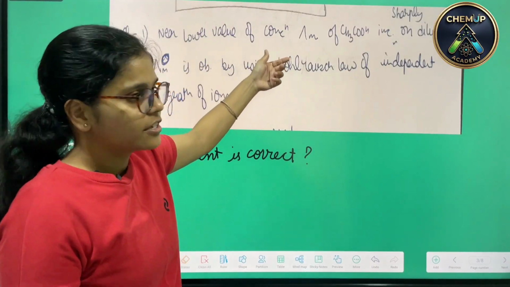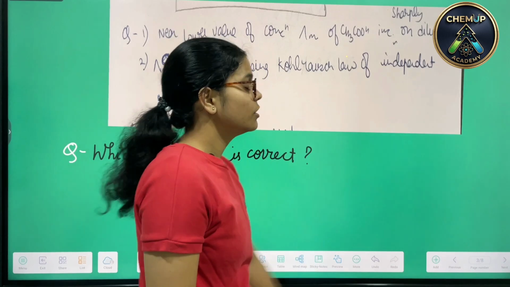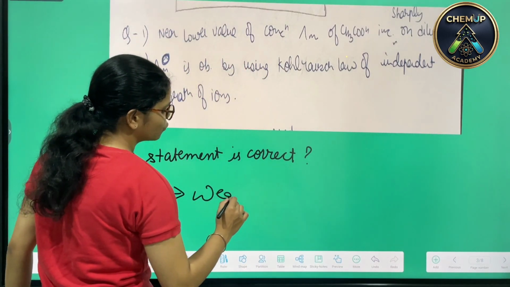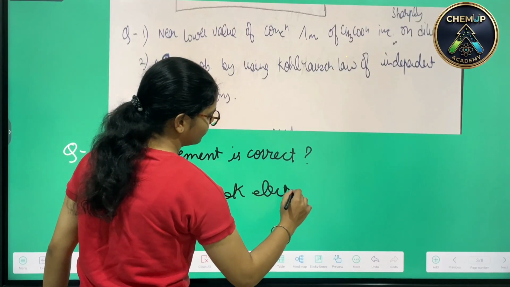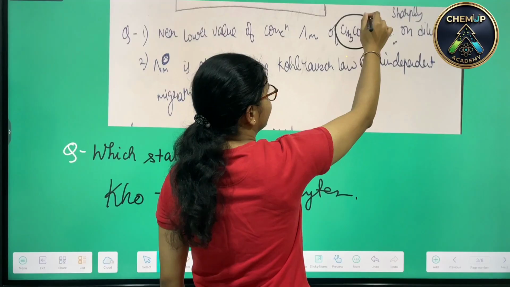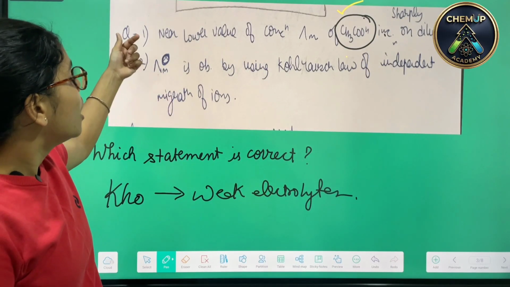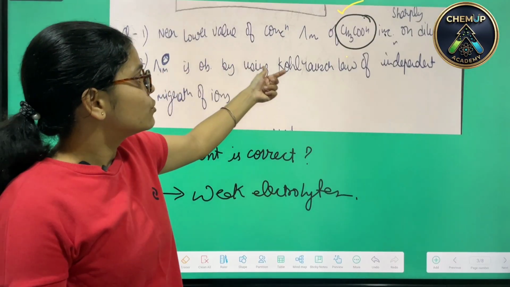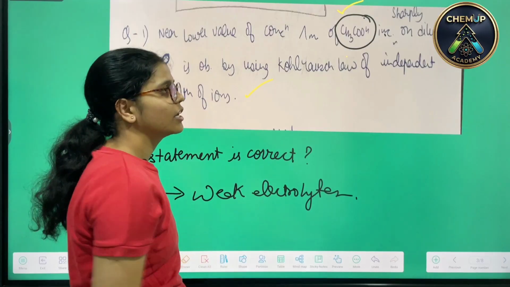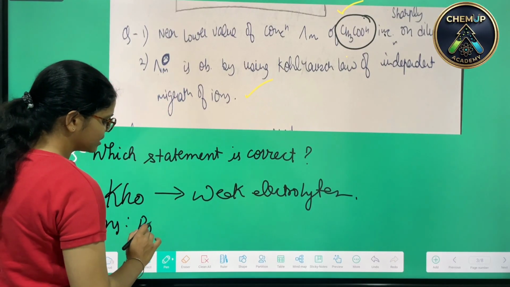We all know that Kohlrausch's law is basically used for weak electrolytes, and since this is a weak electrolyte, this statement is correct. Another statement says molar conductivity is observed by using Kohlrausch's law of independent migration. Obviously, since we are discussing questions related to that, in the answer we can write that both the statements are correct.